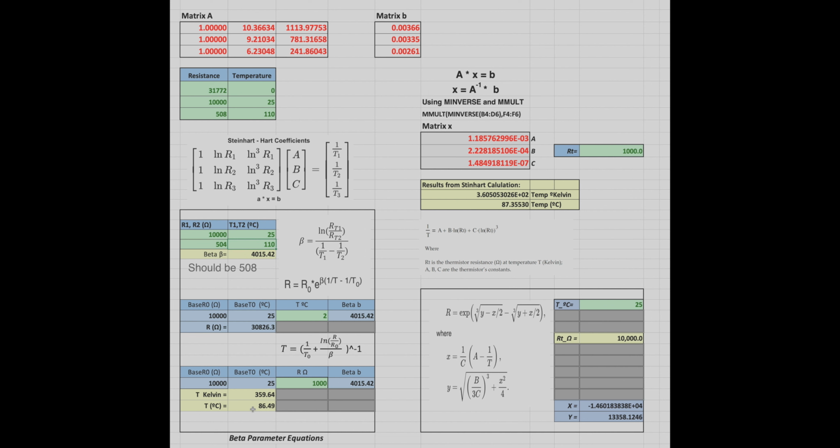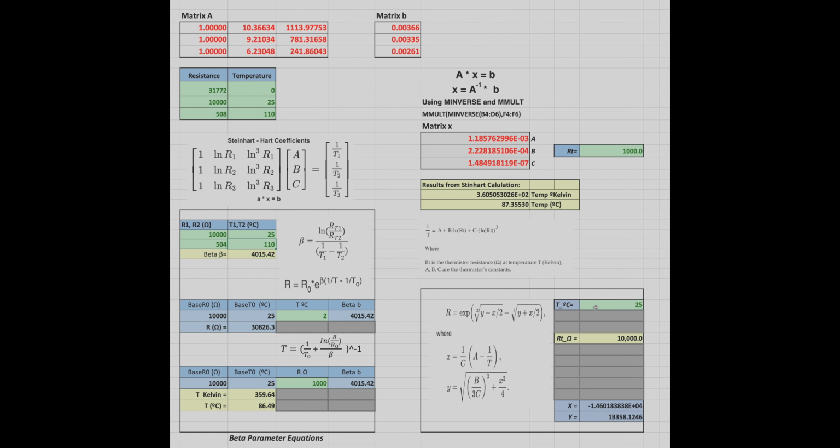At 86, so well within one degree there. And so there are 2 ways you can do it. If you have a reference, this would give us a beta 25 to 110. This is a little bit more accurate with the full Steinhart equation. This is the beta equation. You can look at them and see how close they come between the 2.